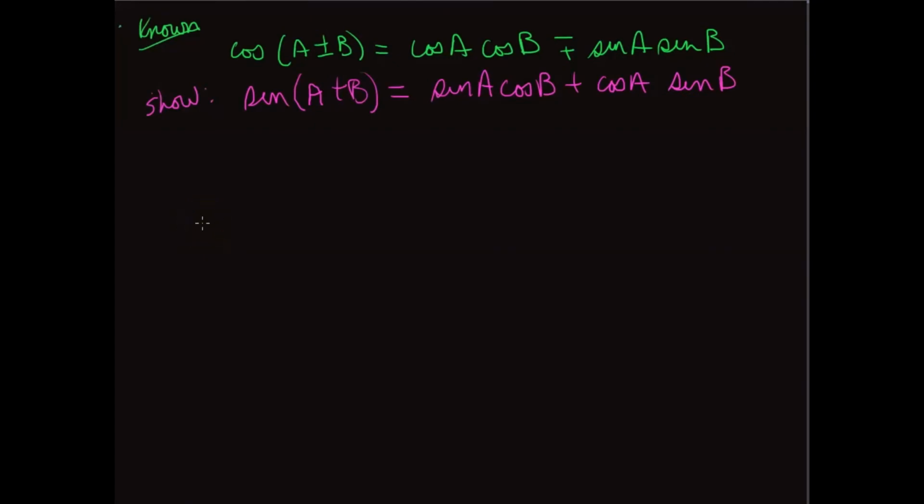Okay, now that we know the cosine of a plus or minus b, let's work on the sine of a plus b. The sine of a plus b is the same, using the cofunction identity, as the cosine of 90 degrees minus a plus b.